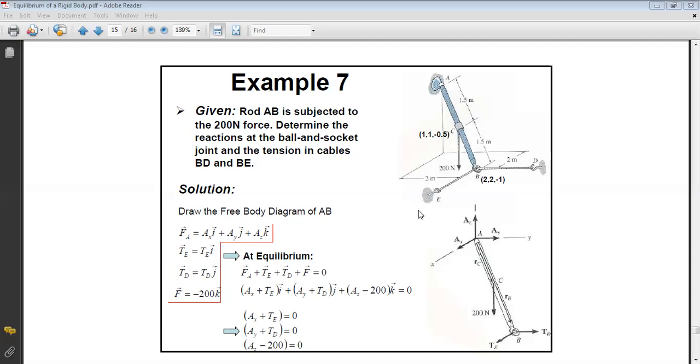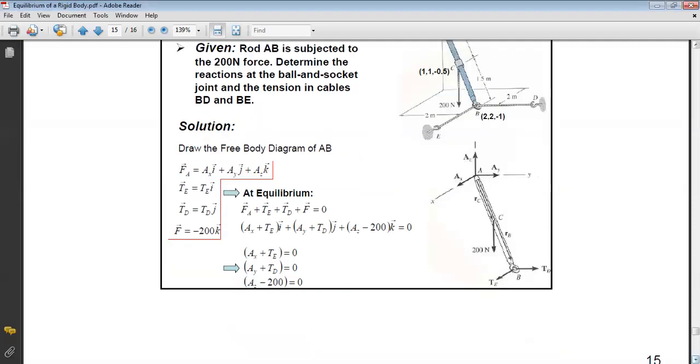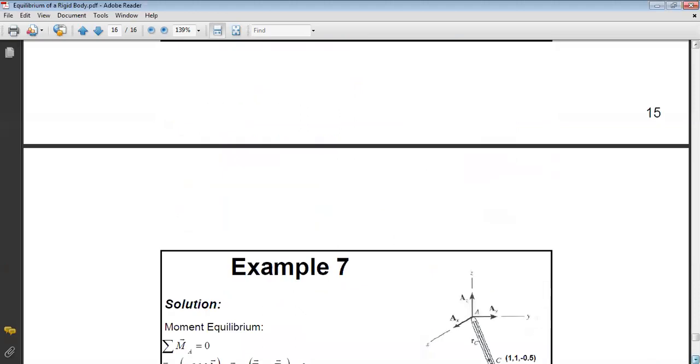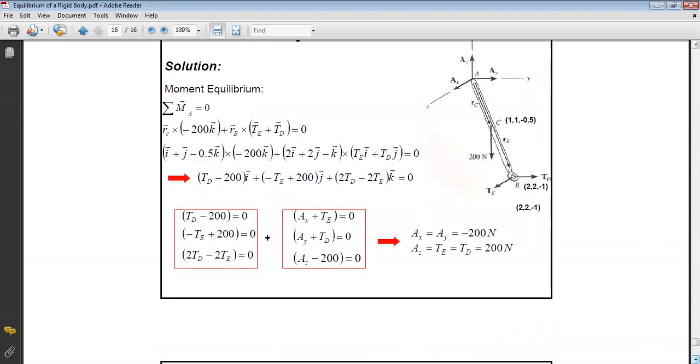Similarly here, we calculated all our forces using the first 5 equations. Now, once done, we should verify that the 6th relation is satisfied. If you look at your equations here, the 6th equation will be that TBD should be equal to TBE. And this is satisfied. Why? Because when we did the calculation, we got that TD is equal to 200 and TE is equal to 200.